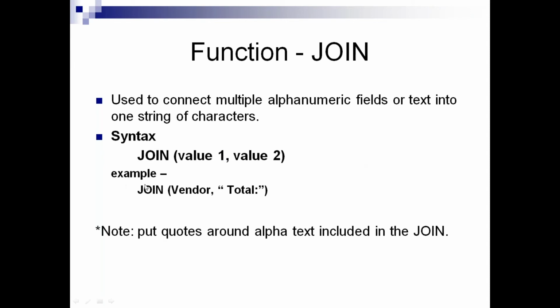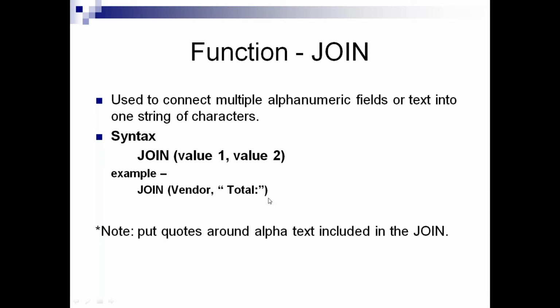So in this example, I'm joining the vendor ID and then a comma, and then I did a quote, and I put my space in here in front of the word total. So that when I add this down, I'm going to put this on my total line, it will actually print the vendor ID, a space, and then the word total for me next to the subtotal for that vendor. And then again, I've got a closing parenthesis.